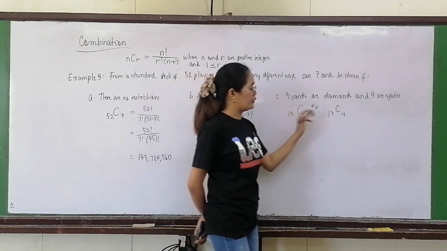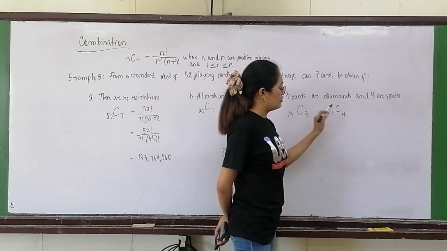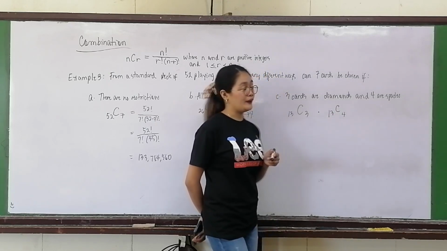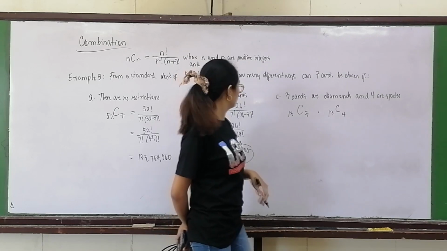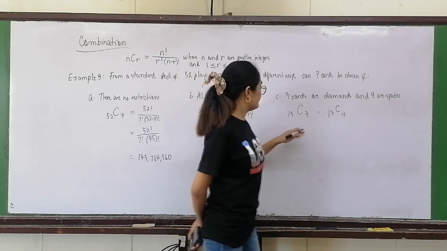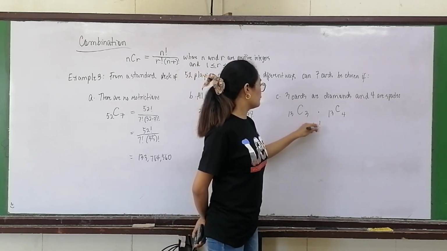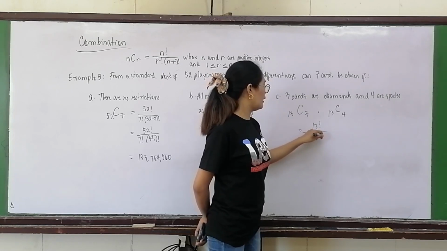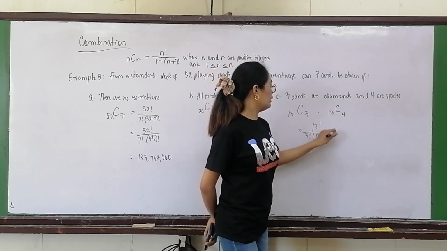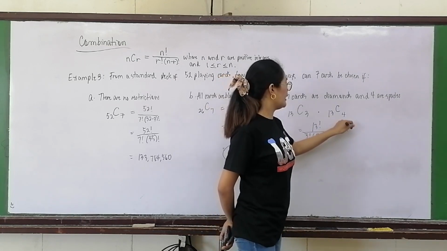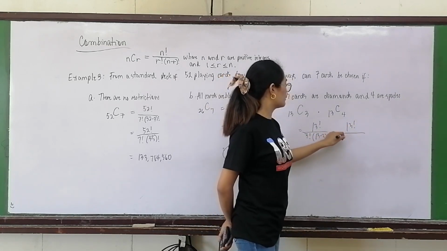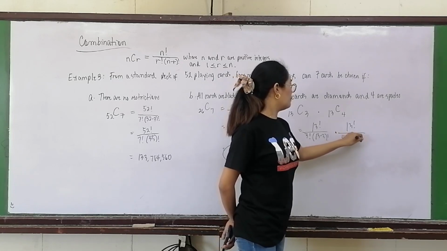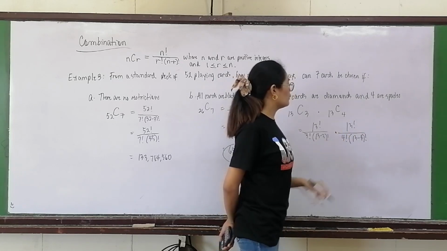Because again, we have 13 spade cards and we have to choose only 4 spade cards out of the 13. This then will be 13 factorial over 3 factorial times 13 minus 3 factorial times, again, 13 factorial over 4 factorial times 13 minus 4 factorial.